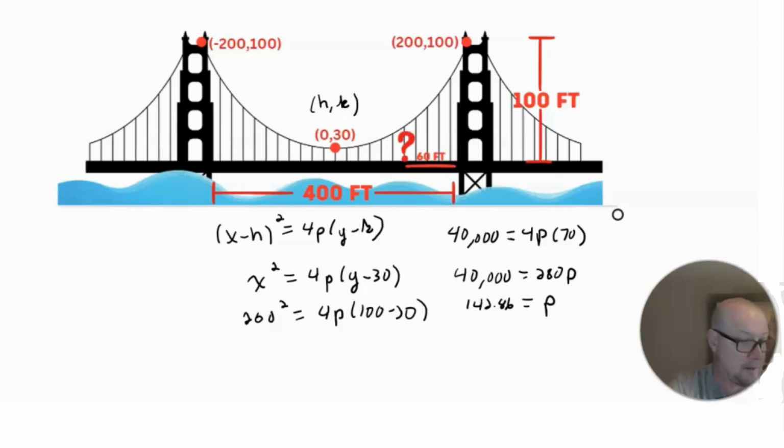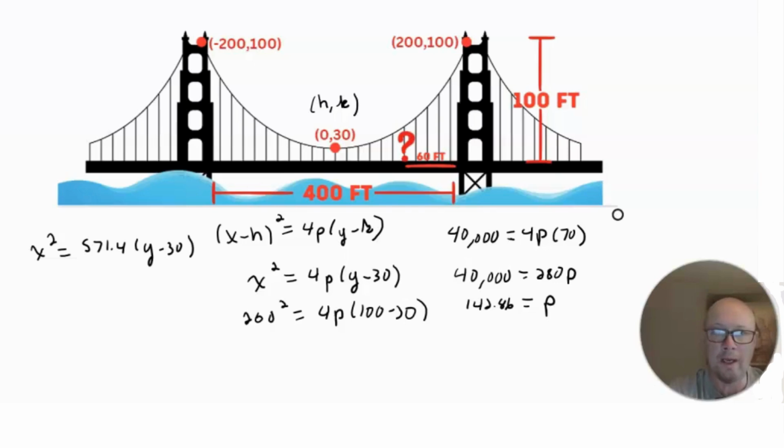So if I multiply that by 4 for my conic section formula, I'm going to get the equation x squared equals 571.4 times (y minus 30).